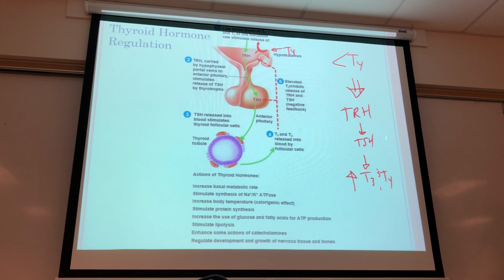And when that's back up, that T3 and T4 will come in, bind to these receptors, and block the production of TRH. So by now you should see this pathway that leads itself to inhibition down the line.